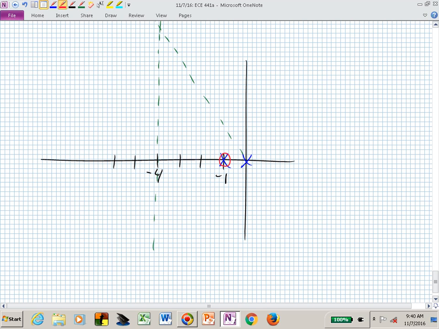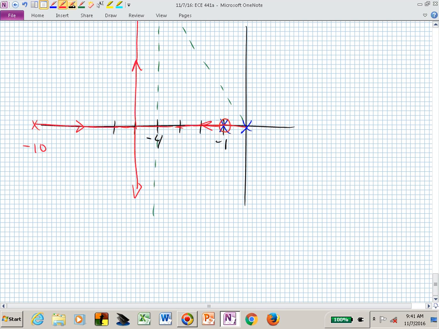To make it easy, why don't we make that pole over here at -10? So that now we have a root locus that looks more like that.